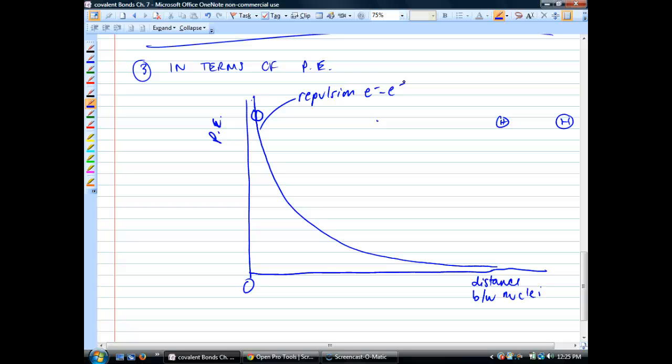So if I press them together, the system has lots of potential energy. I'm holding them together again. This system has a high potential energy. How do I know? Because if I release it, that potential energy is converted into kinetic energy.